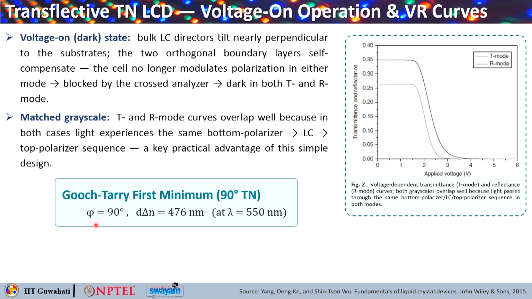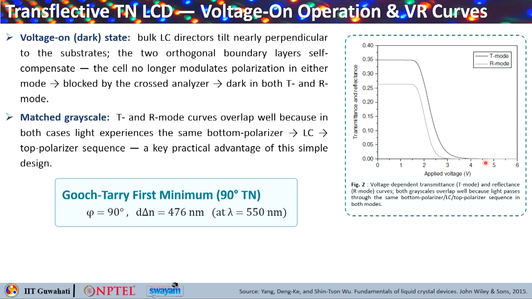If you consider phi to be 90 degrees, your d delta n comes out to be 476 nanometers when you are considering the green wavelength, that is lambda equals 550 nanometers. Now one big advantage I should point out is why this T mode and R mode overlap so well.